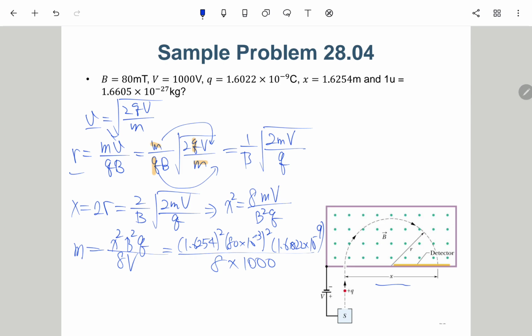Okay, so this is 3.3863 times 10 to the negative 25th kilogram. And then if you divide it by this 1 U, which is 1.6605 times 10 to the minus 27, it becomes 203.93 U. Okay, so roughly 204 U. Okay, slightly less than 204 U.